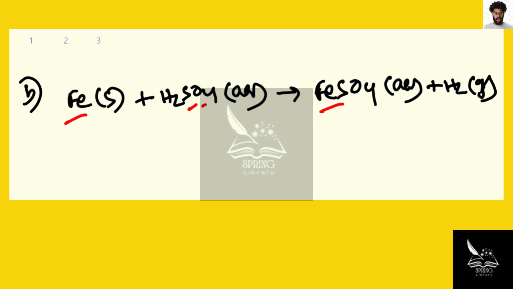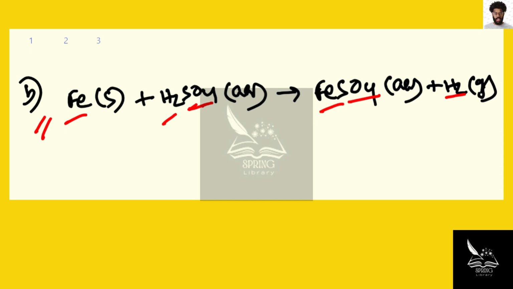We can just count the sulfate ion in total on both sides. So we have one sulfur here and one sulfur here, and we don't have to balance it. And we have two hydrogen here and two hydrogen here. That means we don't have to balance the hydrogen also. The molecular equation is already balanced in this case.